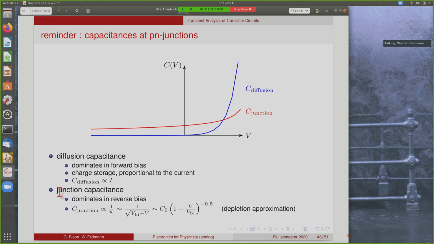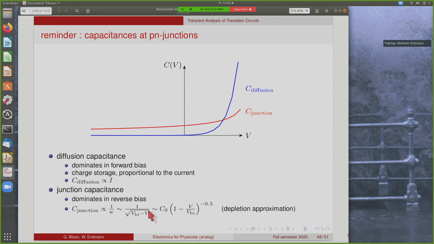The other capacitance that plays a role is the so-called junction capacitance, which is due to the fact that we have a space charge in the depletion region. This is always there, but it is dominant in low bias or reverse bias. It is proportional to the inverse size of the depleted volume.